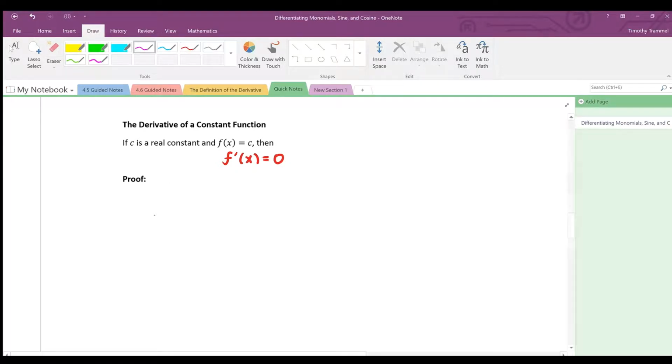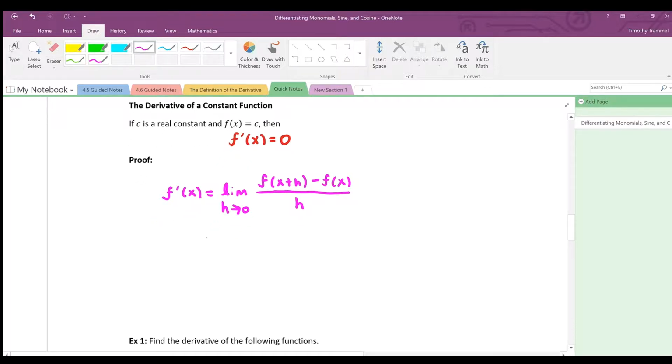And we could set this up. We could try and find f prime of x, and this would be the limit as h approaches 0. And I'm going to write in here f of x plus h minus f of x all over h. And next, we'll have the limit as h approaches 0.